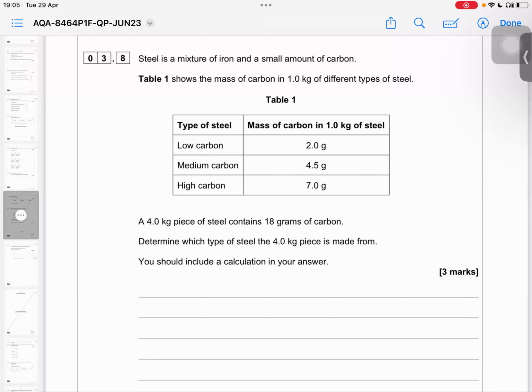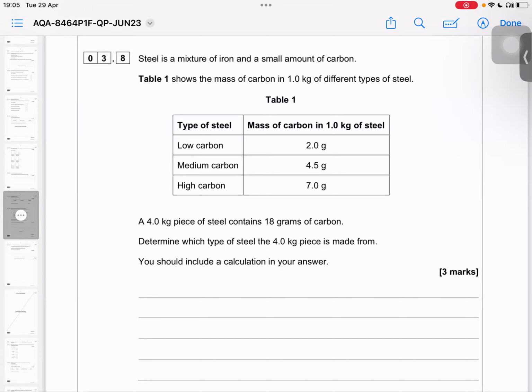It says a 4.0 kg piece of steel contains 18 grams of carbon. Determine which type of steel the 4.0 kilogram piece is made from. You should include a calculation in your answer.